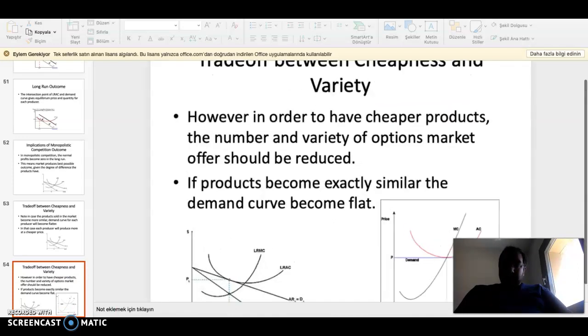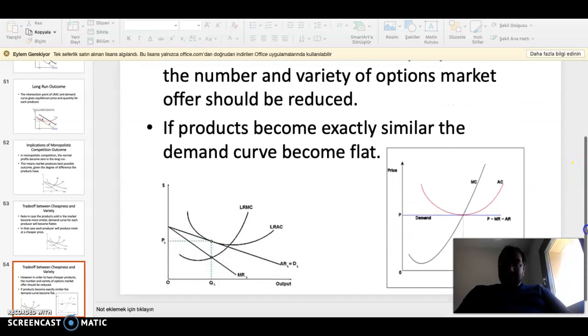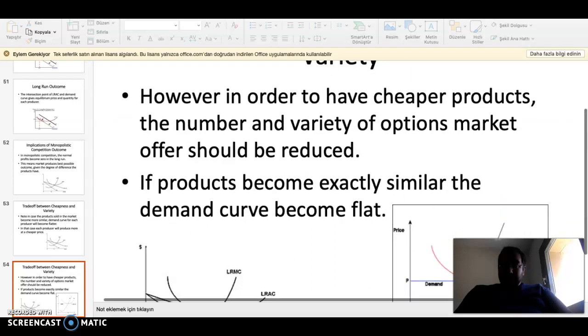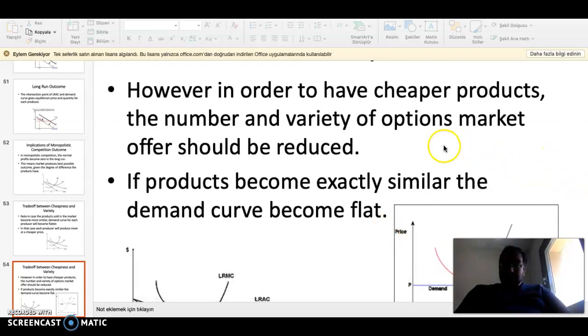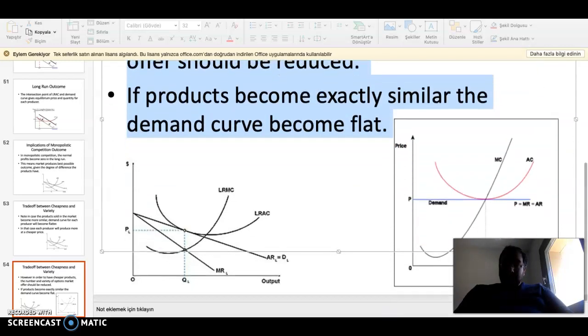This is the perfectly competitive market on the right side, and then you have the monopolistic competition on the left side.